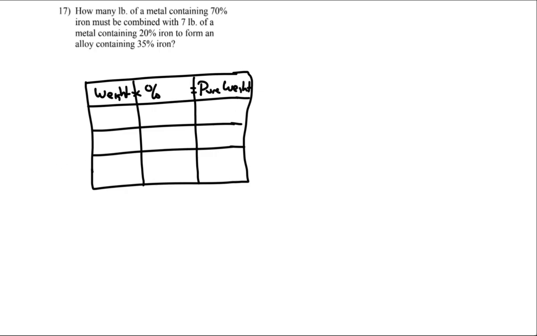Okay, and so what do we have? Well, we have a metal containing 70% iron, and how many pounds of it? Well, that's what it's asking, how many pounds.